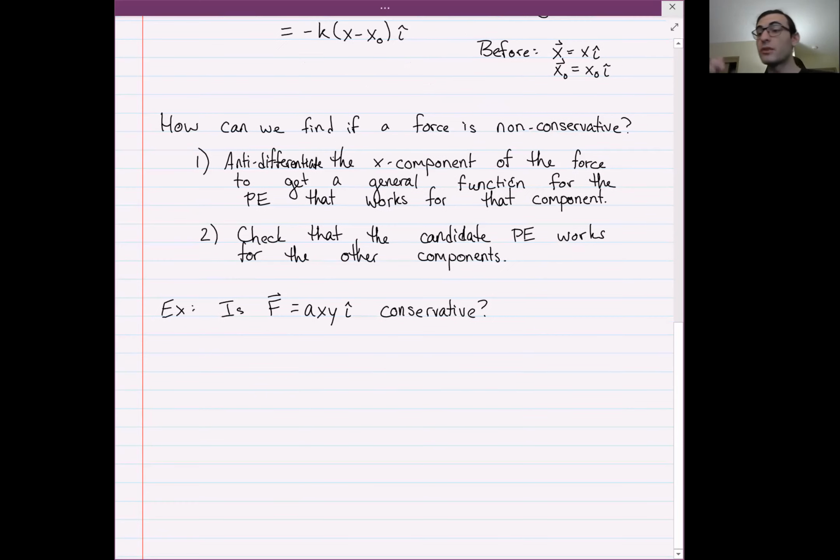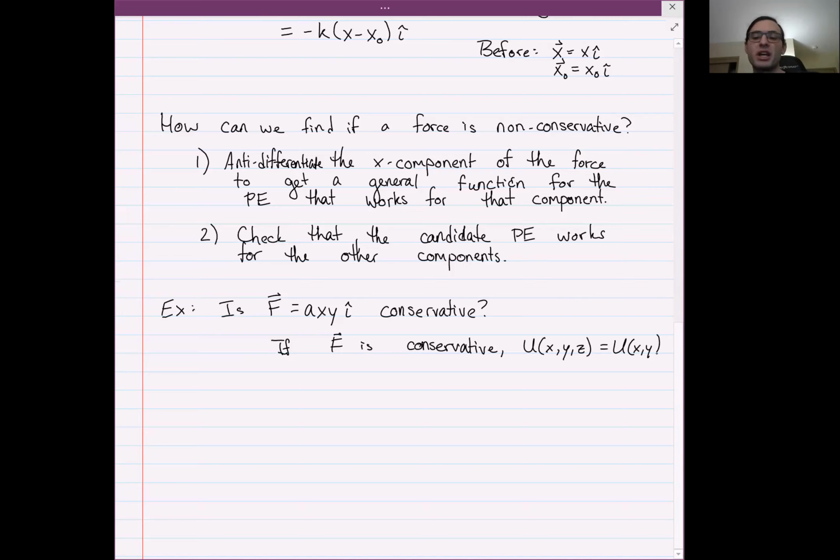First of all, it's safe to say that if F is conservative, i.e. if such a potential energy function exists, then it shouldn't really depend on the y or on the z axis. Which is to say, if it doesn't work, then it's non-conservative, precisely.